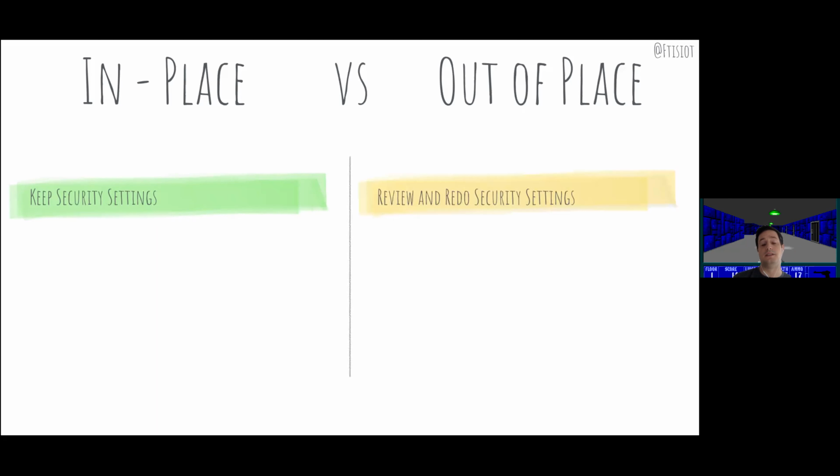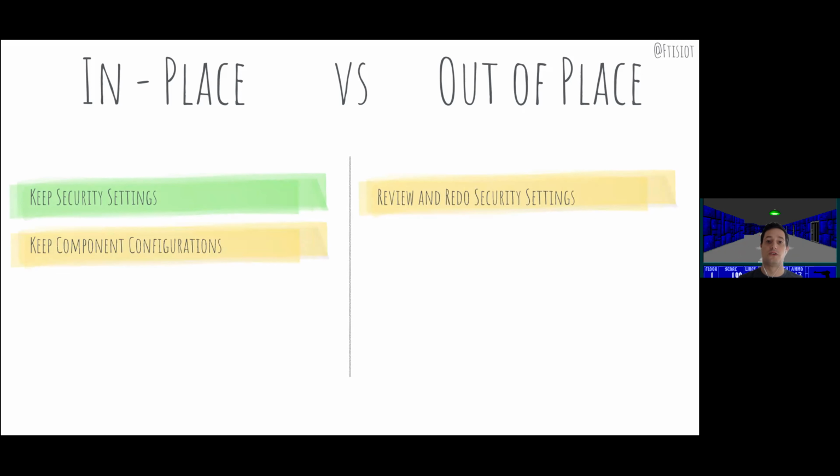On the other side, if you do an out of place, you have to review and redo security settings. As you see, I put that in yellow, not in red, because maybe during an upgrade, doing a change of this complexity, you may want to review if the security settings are still correct or if you want to change something.